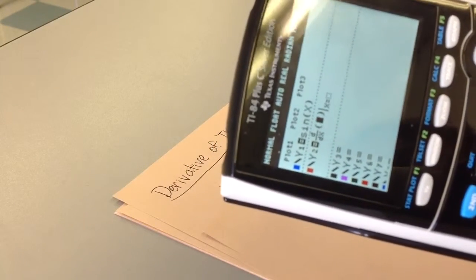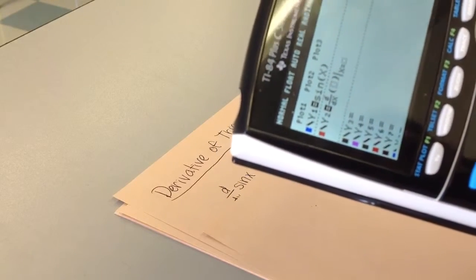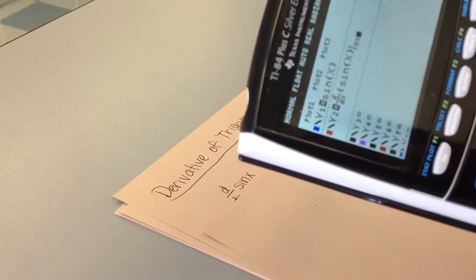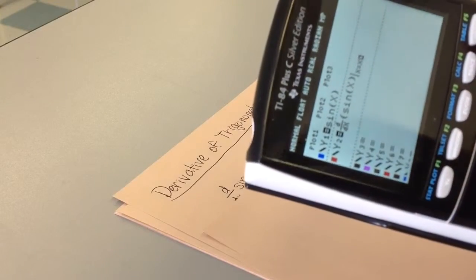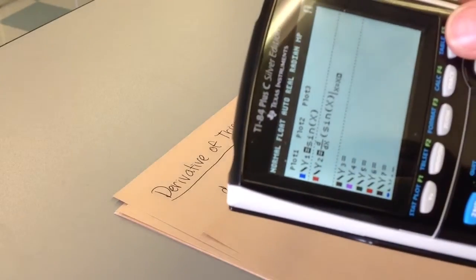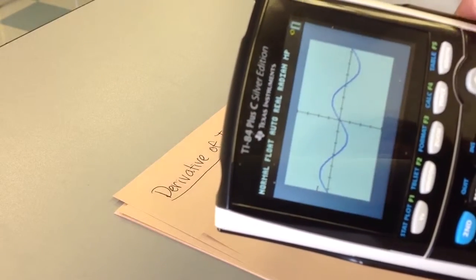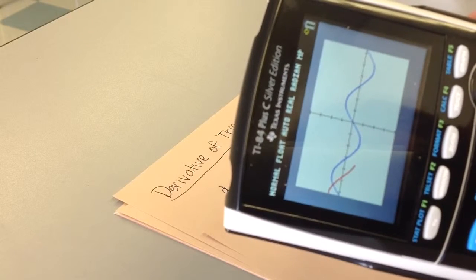So we're going to take the derivative with respect to x of the sine of x. Then you can plug in the point, we're just going to add x equals x. Okay, now we're going to graph that, and you're going to see in blue the sine, and the derivative is the other graph. What does that graph look like to you?